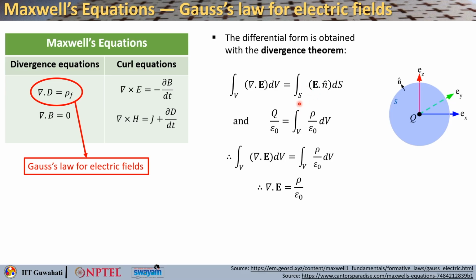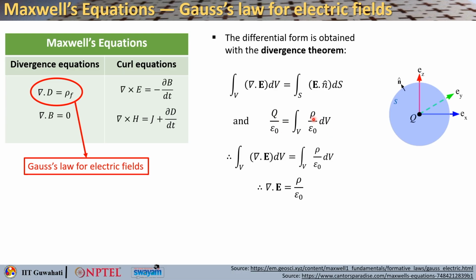You can see here that this particular one can also be written as the divergence of E over this volume. So, you can have the volume integral of the divergence of E, which is the same as the surface integral of the electric flux, and Q by epsilon naught can be written simply, since Q is nothing but the total amount of charge.